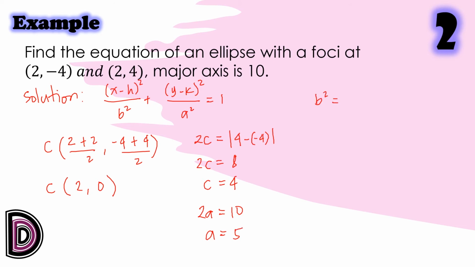To get the value of b, we will use the relationship b² is equal to a² minus c². And then we have b² is equal to 5² minus 4². b² is equal to 25 minus 16, and that is equal to 9.